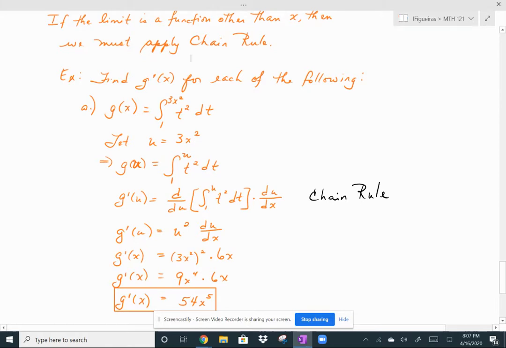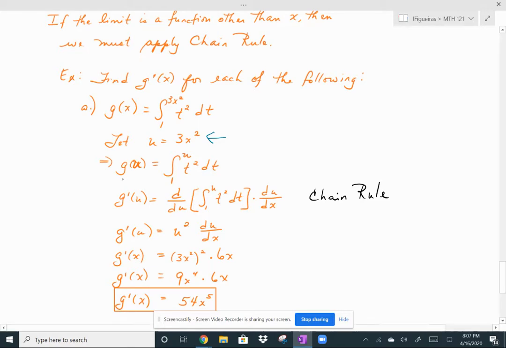I have g of x equals the integral from 1 to 3x squared of t squared dt. So we're going to let u equal this new upper limit, 3x squared. Then I can rewrite g of x as g of u equals the integral from 1 to u of t squared dt.